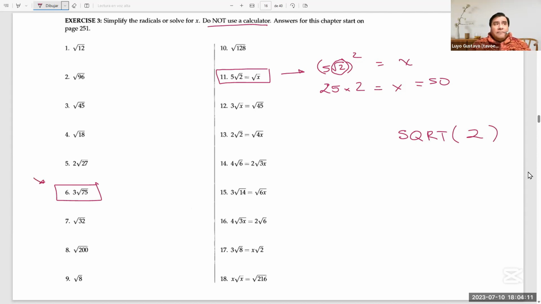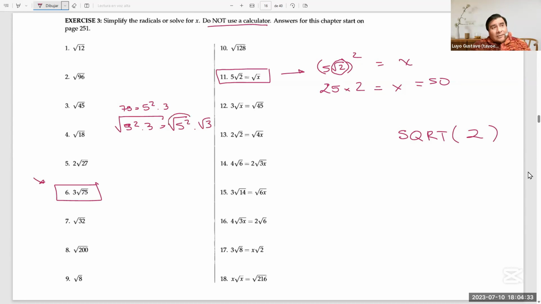If we try the prime factorization, 75, you know, is 5 squared times 3. That is 25 times 3. So take the square root of this, and what you get is the square root of 5 squared times the square root of 3, right?